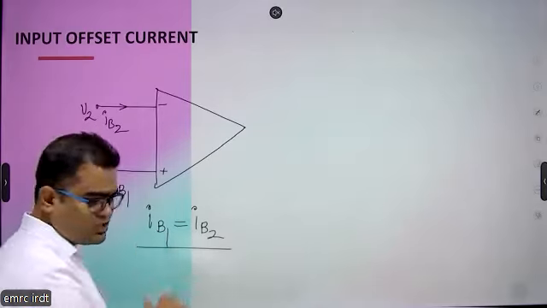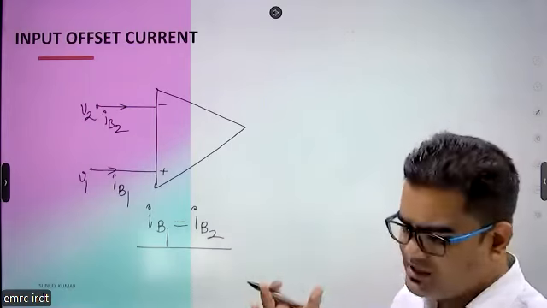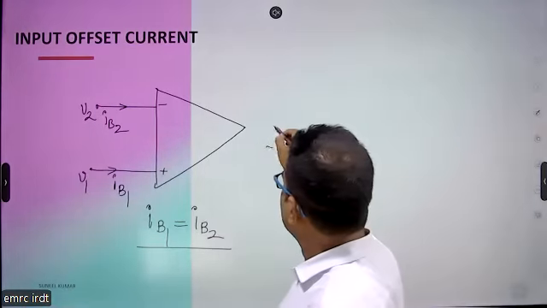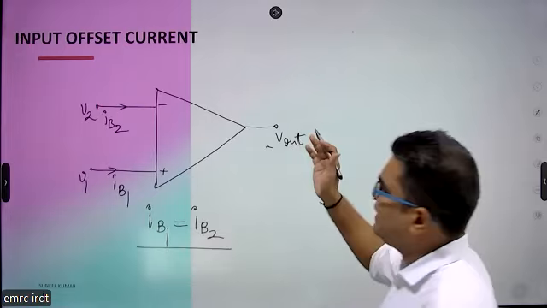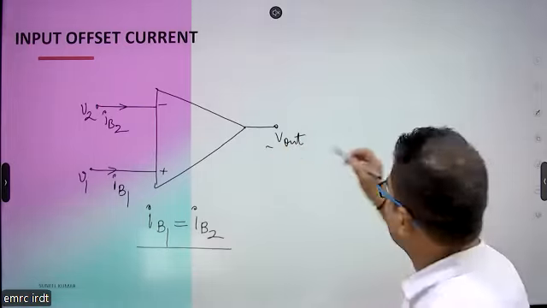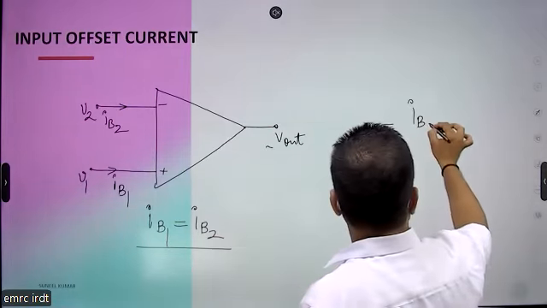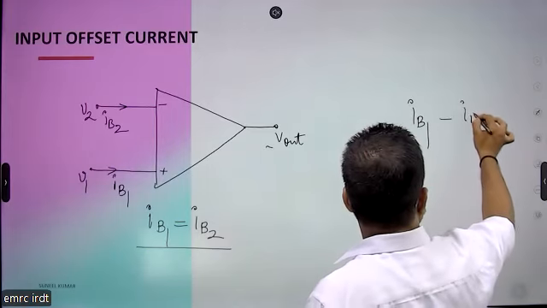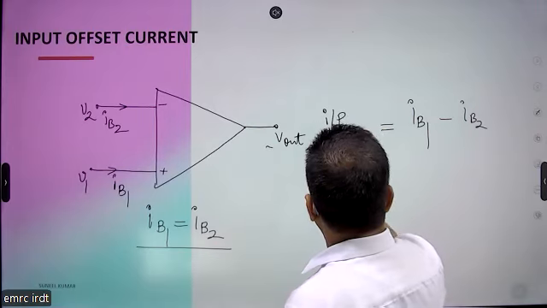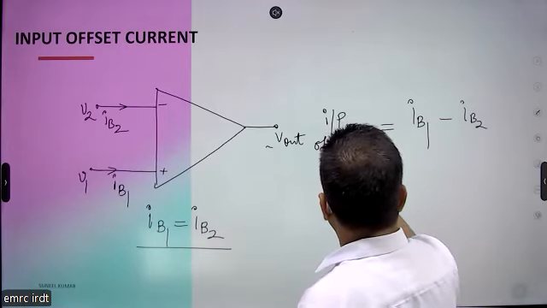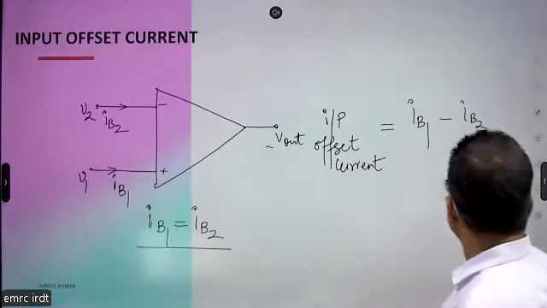But because of imbalance in the circuitry, we have some difference between these two currents, and the difference is known as the input offset current. This is IB1 minus IB2, the input offset current.